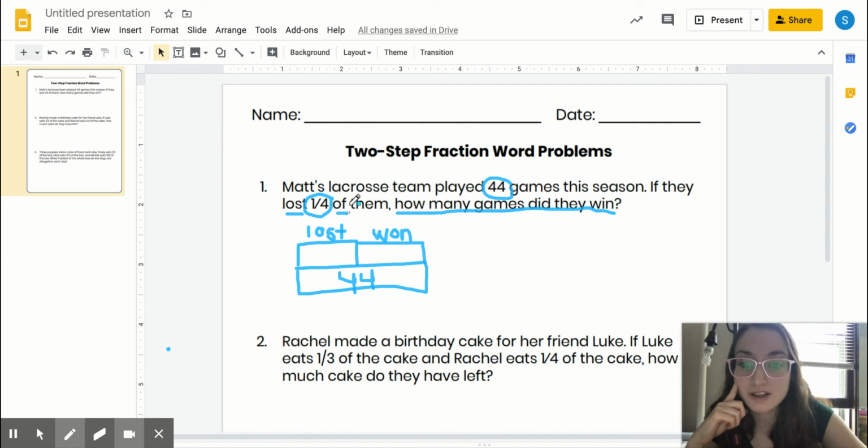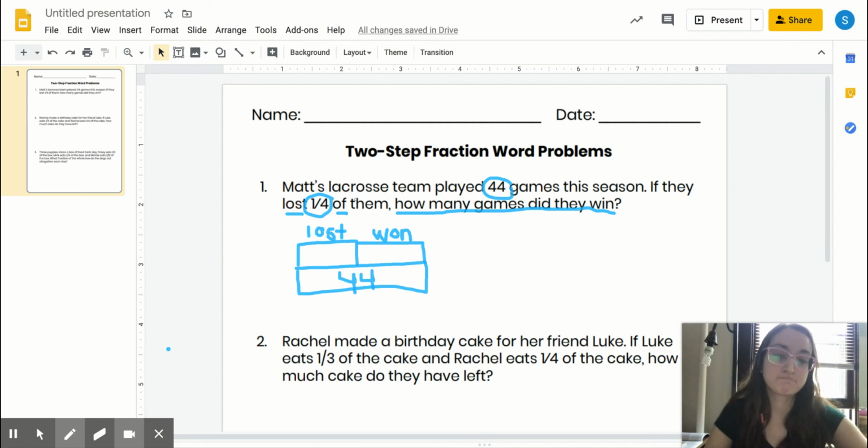Now, when I see the word of, what does that usually tell me in a word problem? Especially with fractions. Of means we have to do what? What operation? Right, of means multiplication usually, right? So if we have 44 and we want to find 1/4 of our total, that means we need to multiply 1/4 times our total, 44.